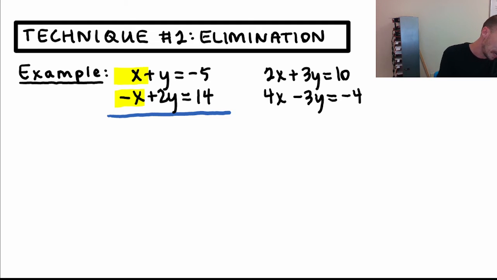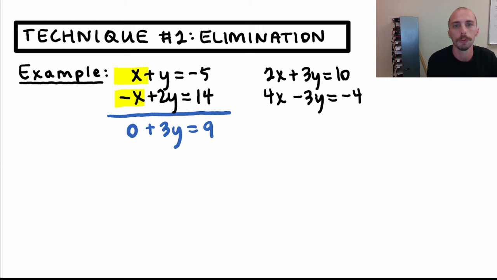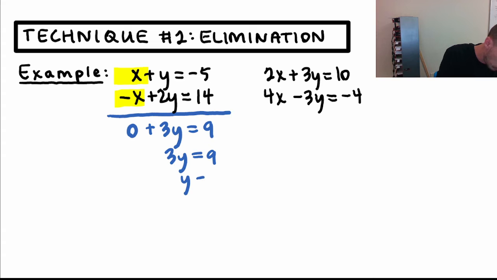So when I add 1x plus negative 1x, or x minus x, that's 0. So 0 is not going to really contribute anything, but if I add y plus 2y, I'll have 3y, equaling 14 minus 5 is 9. Well, 0 plus 3y, that's just 3y, right? Because if you add 0, you haven't done anything. So I'll have 3y equals 9. I'll divide both sides by 3, and I'll get y equals 3.